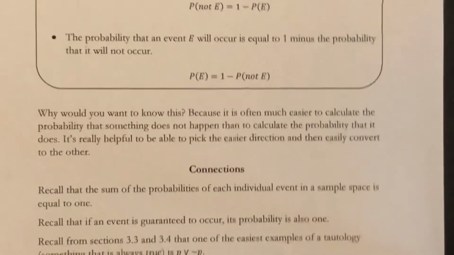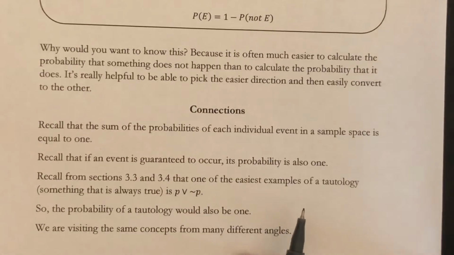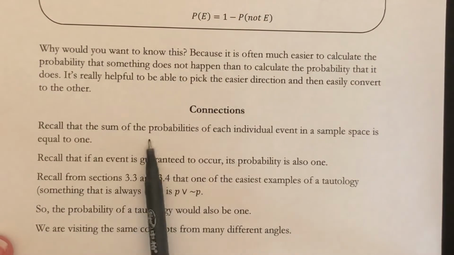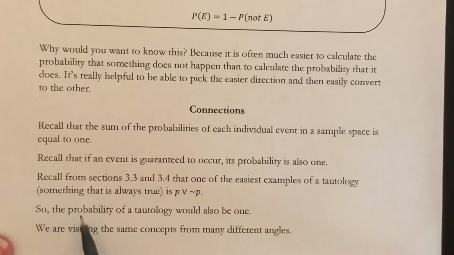Okay? So let's talk about some connections here. I mentioned the sum of probabilities equals 1. And if an event is guaranteed to occur, then its probability is also 1. Remember from sections 3.3 and 3.4, we talked about tautologies.